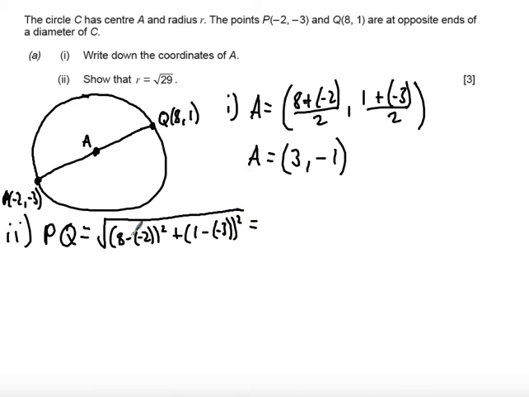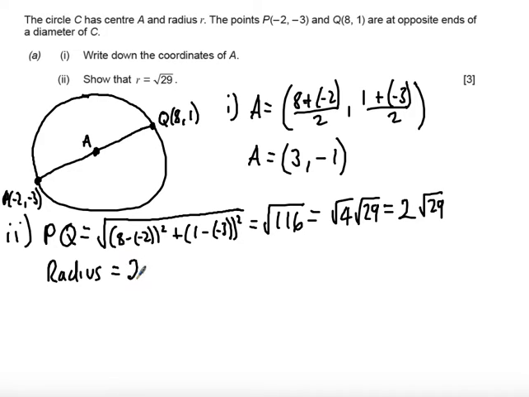So here we end up with 10 squared plus 4 squared, so root 116, which can be rewritten as root 4 times root 29, and you've got a calculator that will simplify for you. That's 2 root 29.